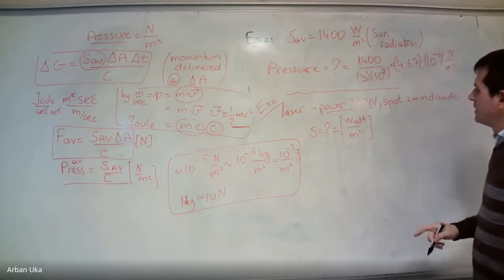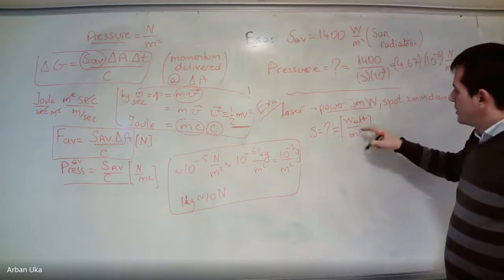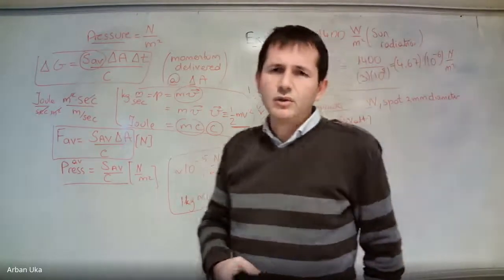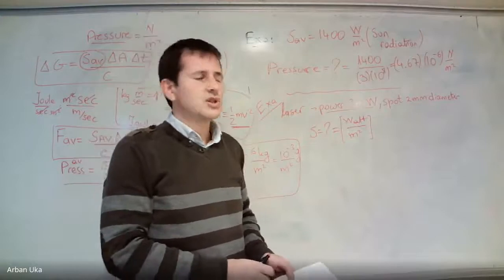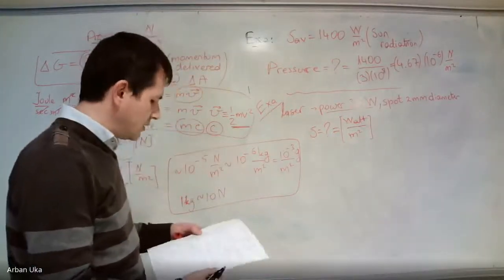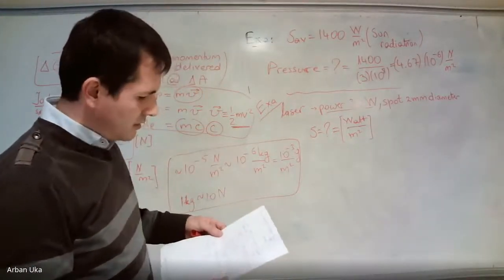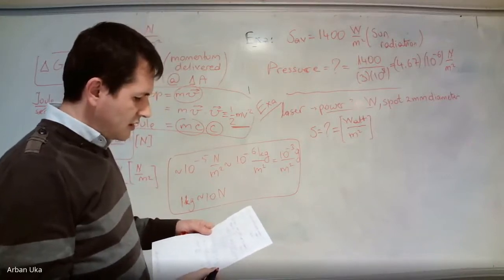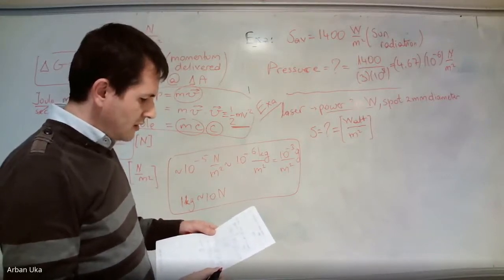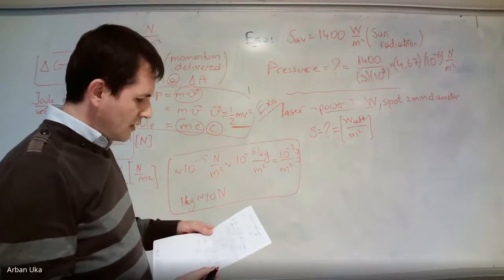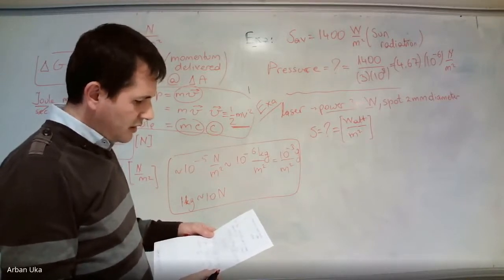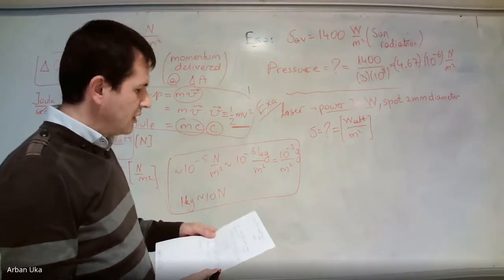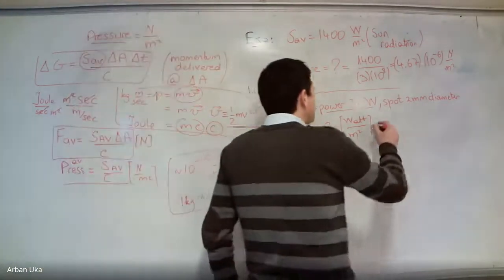Sometimes you may not even need to look at the formula sheet or the cheat sheet, because just by looking at the units, you may extract the relevant relationship. So let's assume also that we divide this by the area, pi r squared. So here we go, we can divide this one.